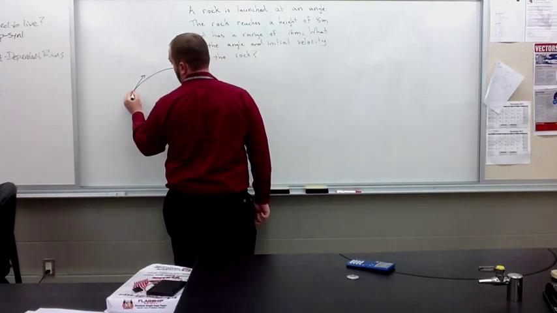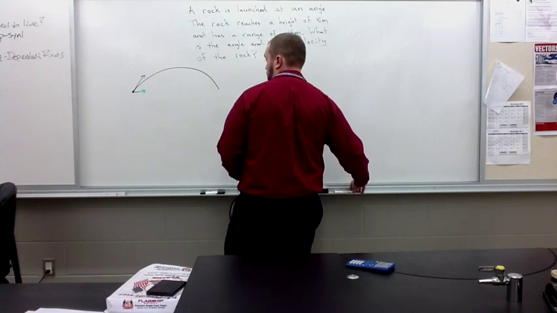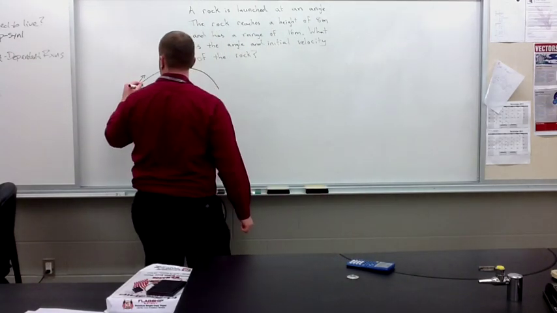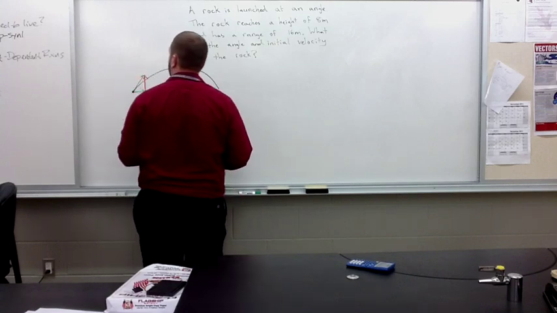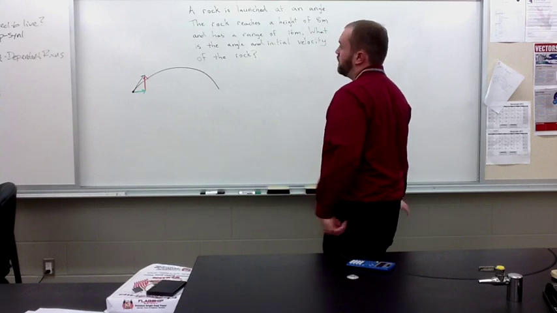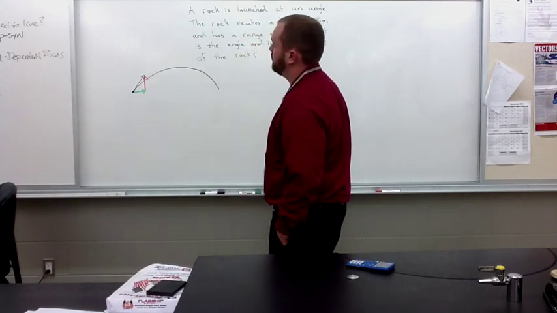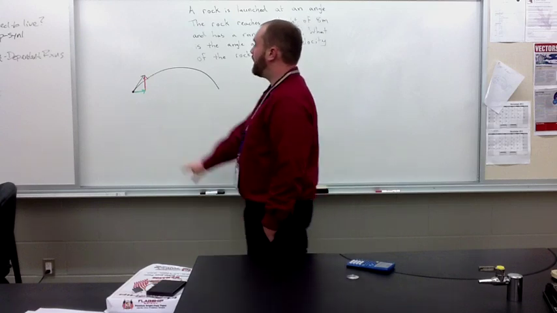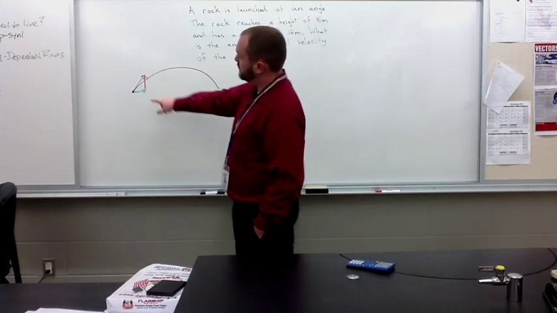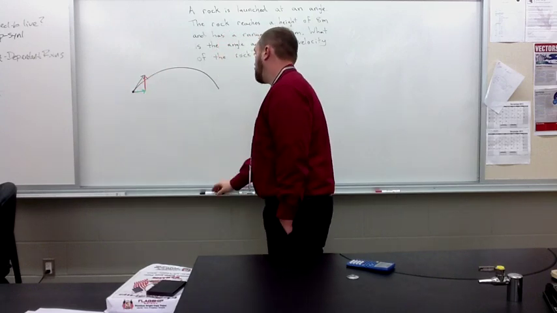It's made up of a horizontal and a vertical. Those are the two things that we would normally use. Normally we take this vector, we break it down into its horizontal and its vertical. Now we're going to find the horizontal, we're going to find the vertical, and we're going to use them to determine what its initial velocity is and what that angle is.